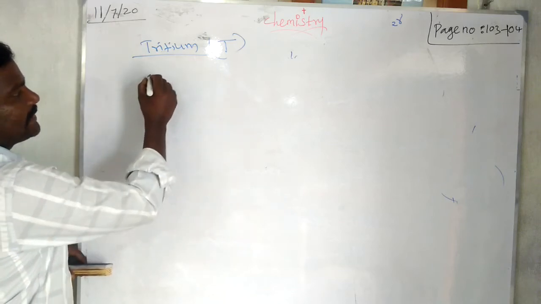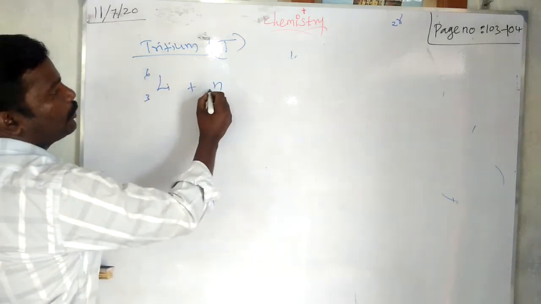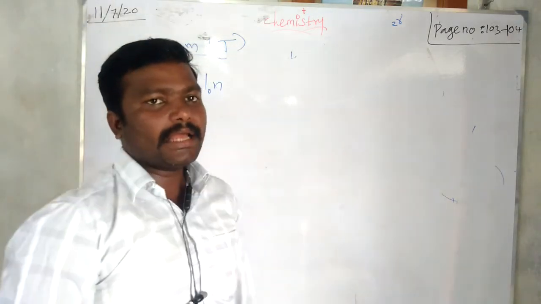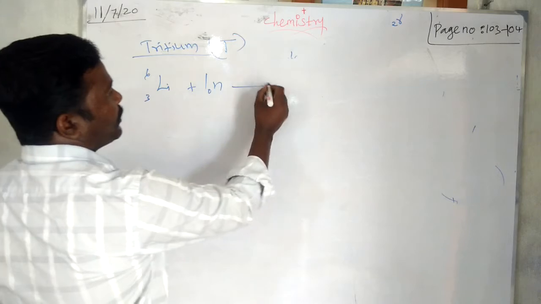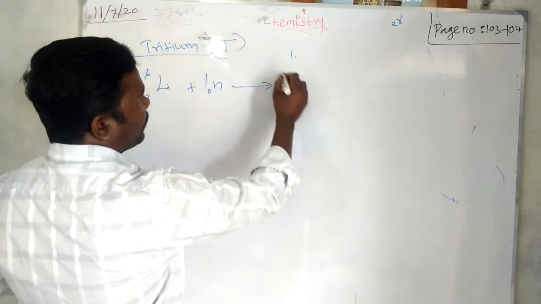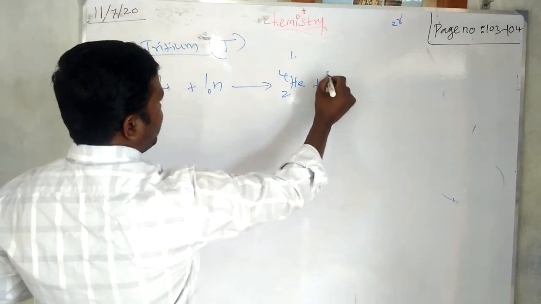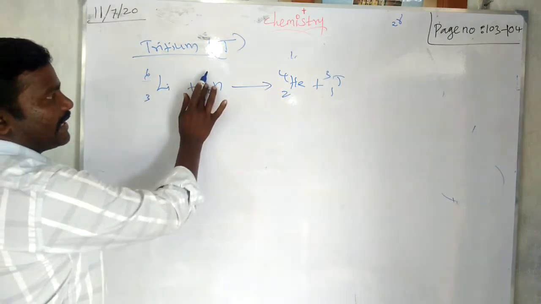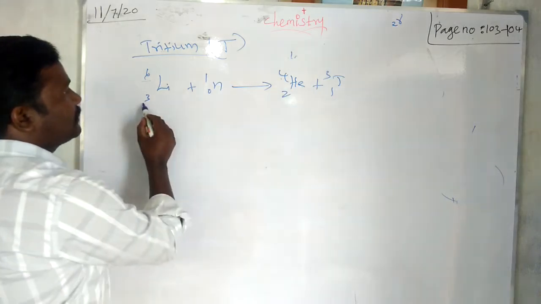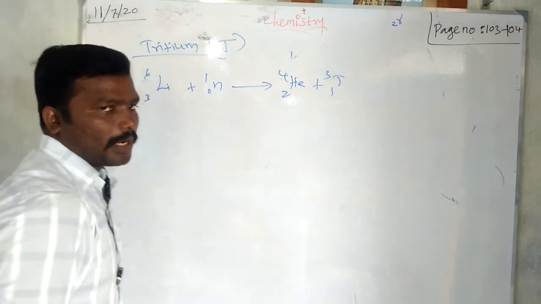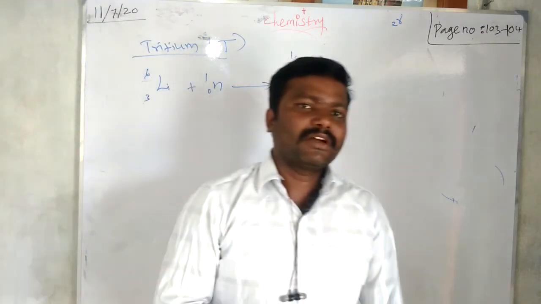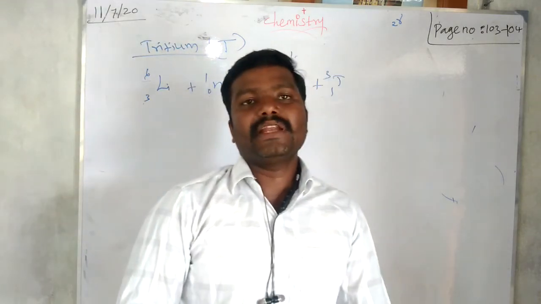Lithium is bombarded with a slow neutron. Slow neutron is hitting the lithium. It will produce helium as well as tritium. How will you write this one? See, totally 6 plus 1, 7. 4 plus 3, 7. 3 plus 0, 3. 2 plus 1, 3, right? So I hope all the preparation of the 3 isotopes of hydrogen we have finished.